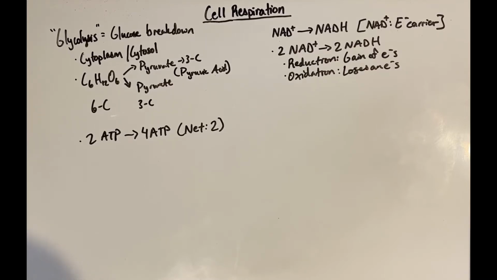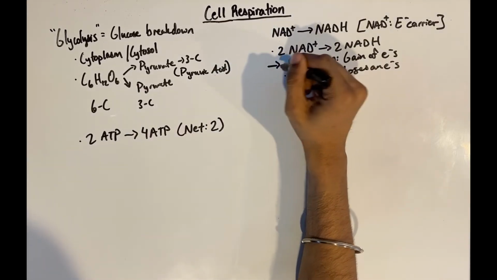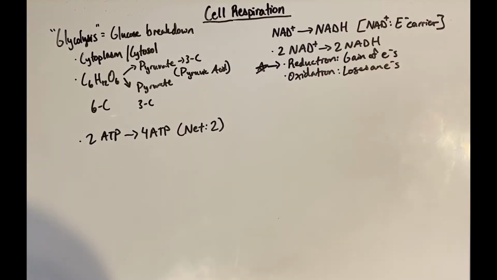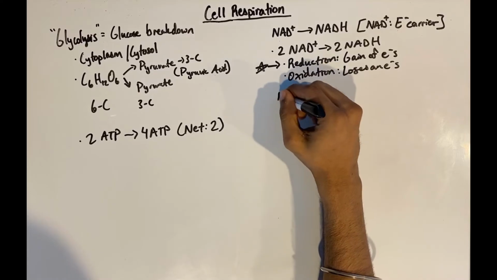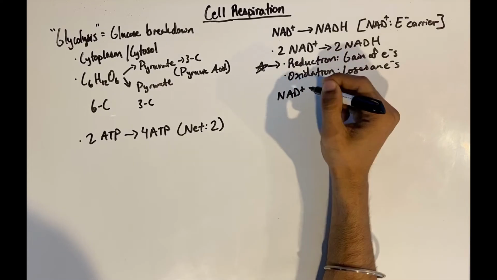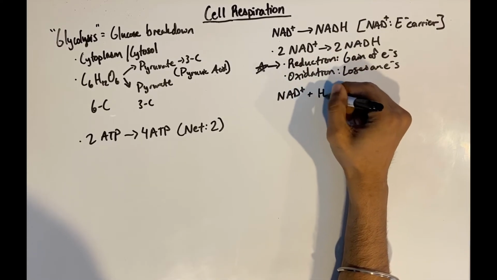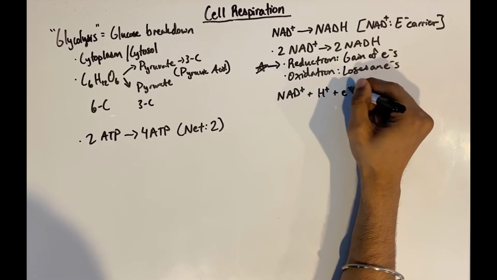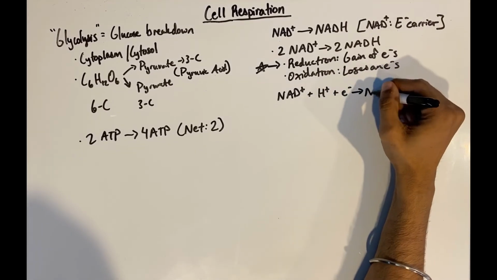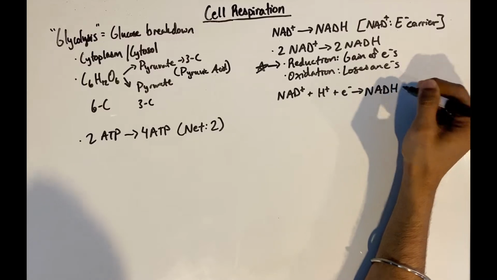This is the reason that NAD makes for a great electron acceptor. It can undergo reduction. NAD positive or plus reacts with a hydrogen ion and an electron to convert into NADH.